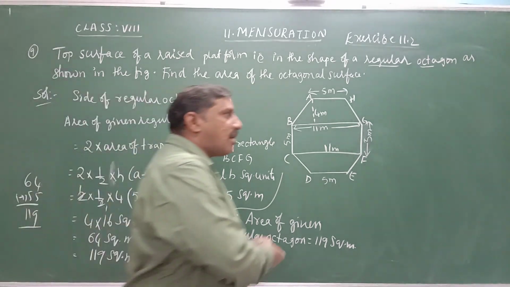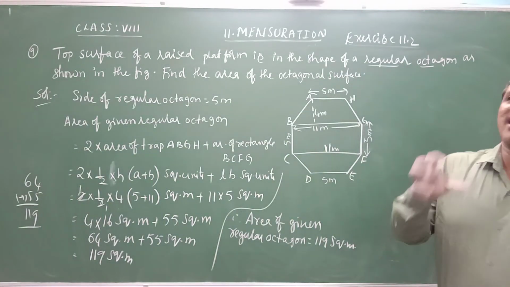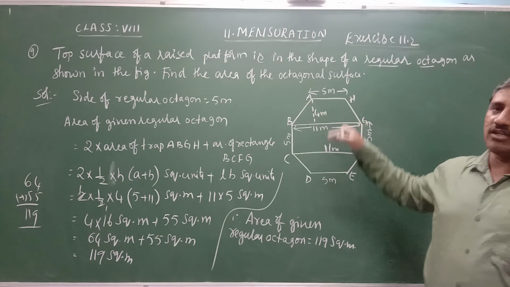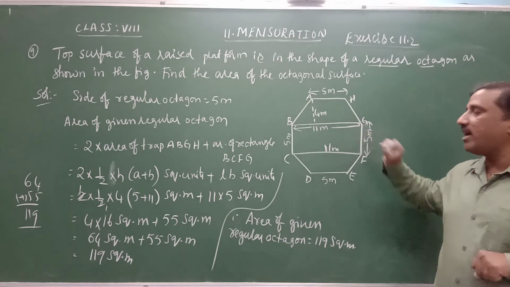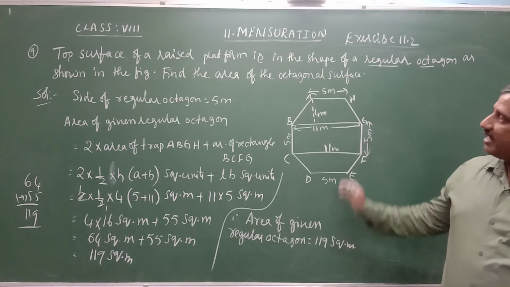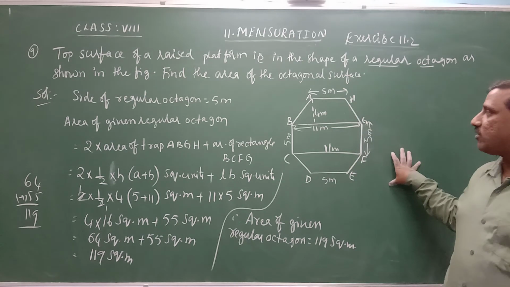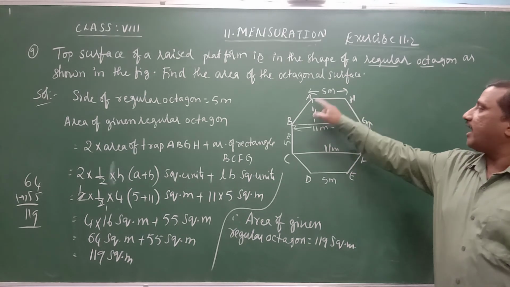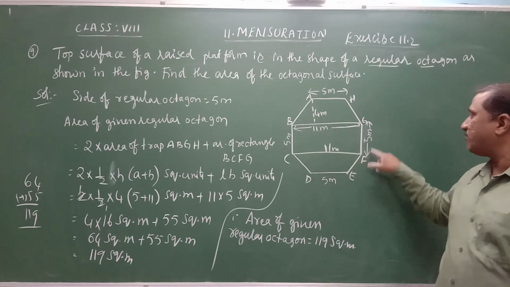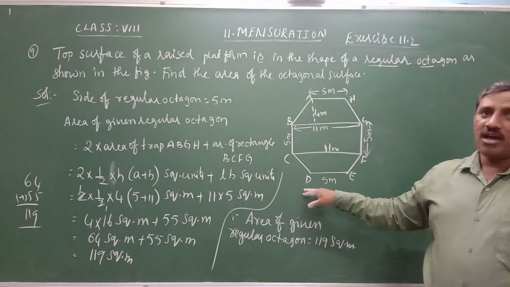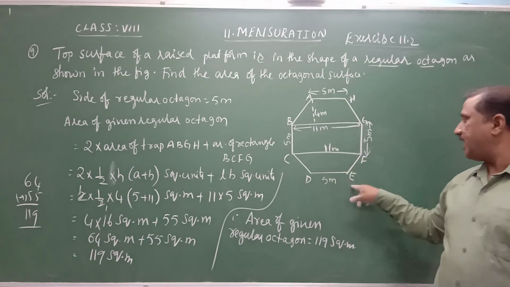So what is the concept here? The given regular octagon is divided into two trapeziums of equal area and one rectangle. Now area of this regular octagon is equal to area of trapezium ABGH plus area of rectangle BCFG plus area of trapezium CDEF.